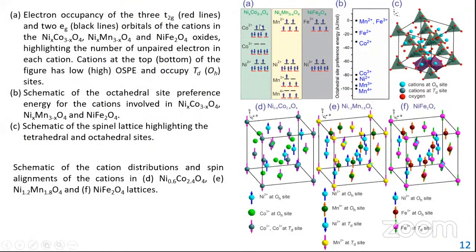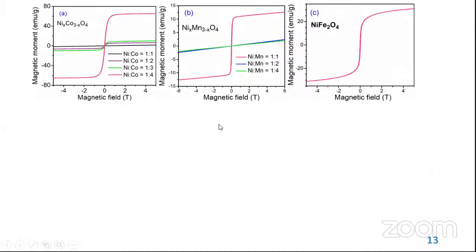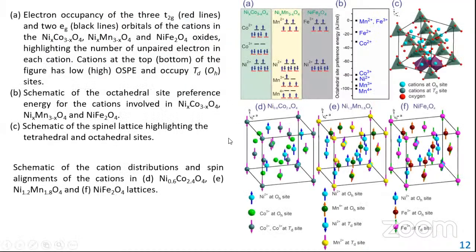In this case, we are arranging the ions in every compound. The first is nickel cobalt oxide, the second nickel manganese oxide, and the third nickel ferrite. These are the possible ions, and as you can see, we have arranged them according to their octahedral site preference energies.